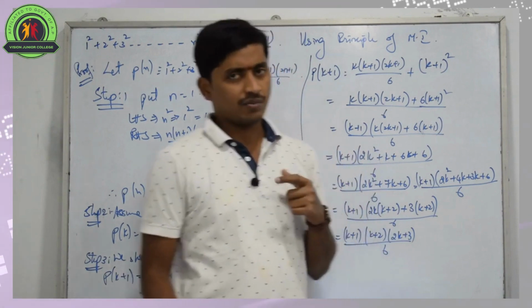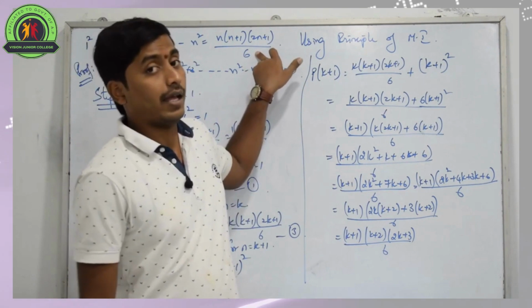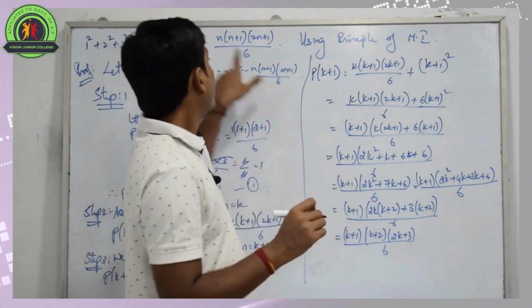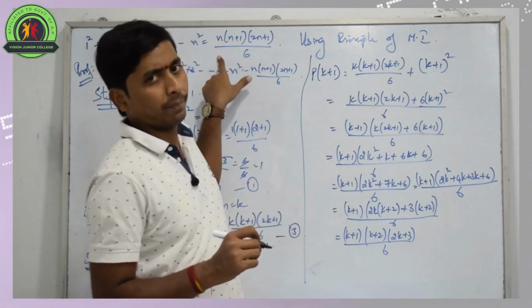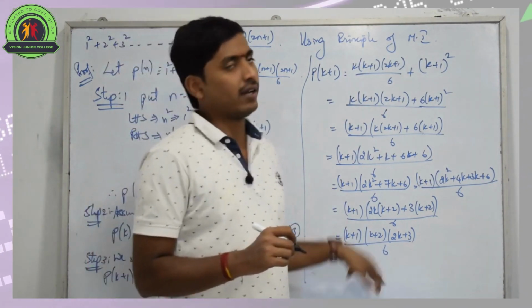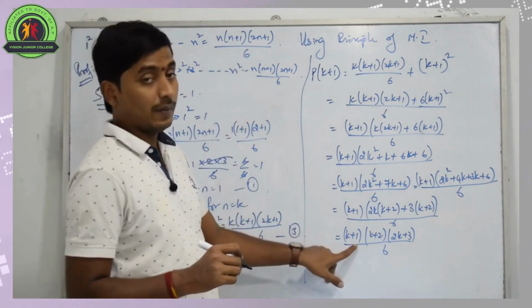Right? Then you can ask me, how to prove that this statement is similar to this? That is, whatever statement we get, it should be like substituting n equal to k plus 1 in this given question. Okay, just check here. The denominator is 6, it's fine. The numerator is n, instead of n it should be k plus 1, yes it is k plus 1.